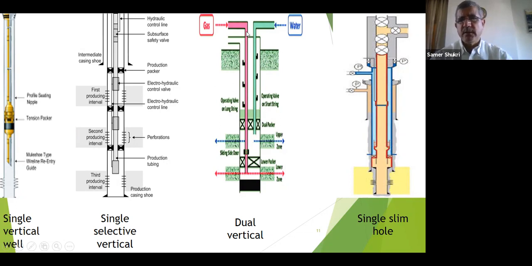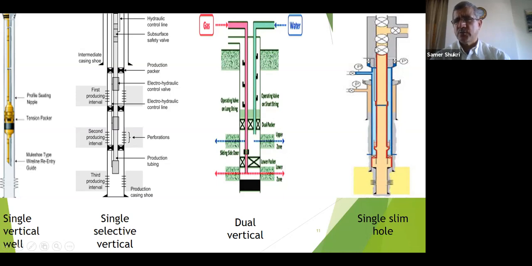Here we have dual. You see, we inject gas to the lower zone, and we inject water to the upper zone. We call it short string. Here, long string. Here we have slim, single monobore hole. We don't have completion accessories like nipple, SSD, and so on. We make it 4.5 inch from bottom till surface.